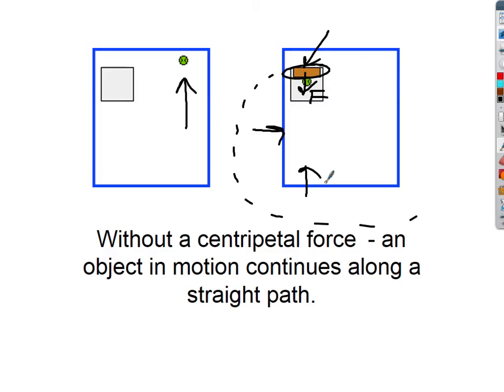If there is no force causing it to move in a circle, that object will move off in a straight line. This is Newton's first law. The object will keep doing what it's doing unless acted upon by an outside force. So we need some sort of force to make it keep on turning, constantly changing its direction.